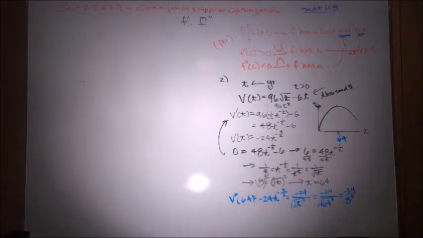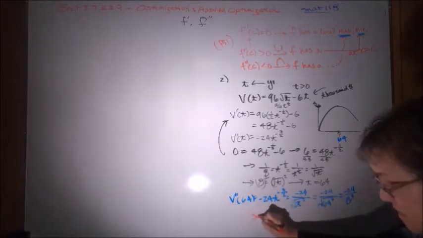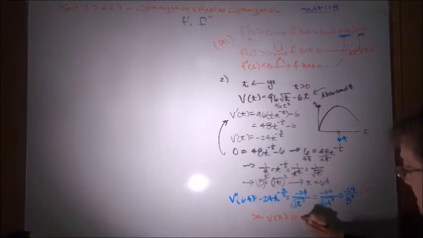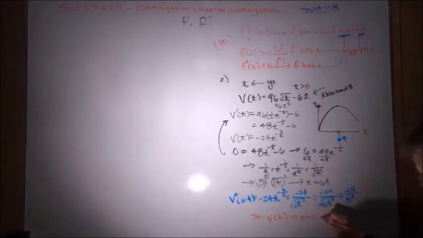So you use the second derivative to check if it's a local minimum or local maximum. Is this number bigger than 0 or smaller than 0? Smaller than 0. So what does it tell you? At this time, V of t is a maximum value and t equals 64.